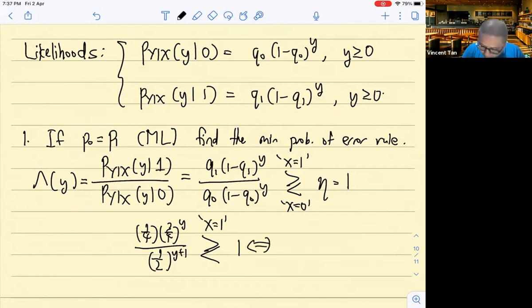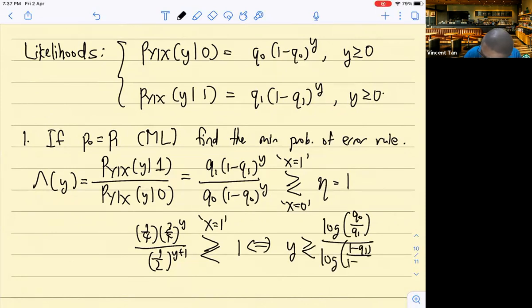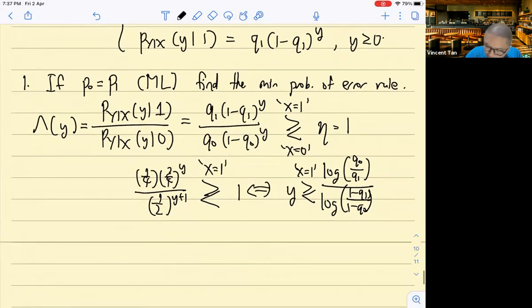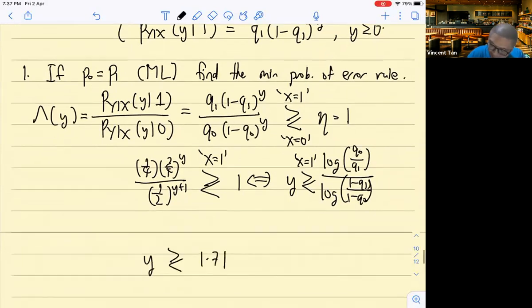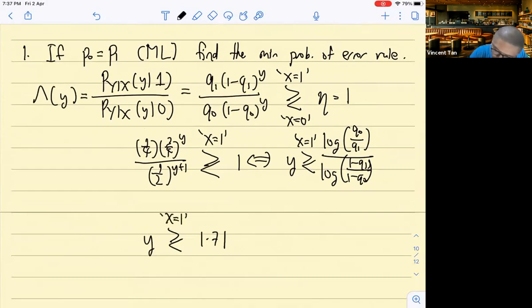So you can take logs on both sides. I'm not going to do it. If y is bigger than or less than log of Q0 over Q1, over log of (1 minus Q1) over (1 minus Q0), here we decide x equals 1. That's the rule. After you plug in the numbers, which I will not do, you can check that if y is bigger than or less than 1.71, here we decide x equals 1.